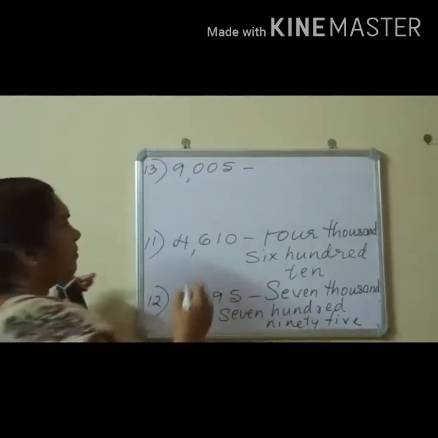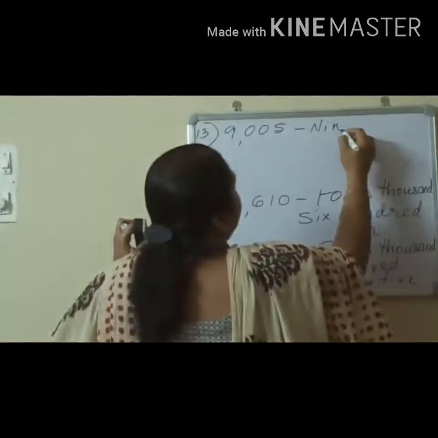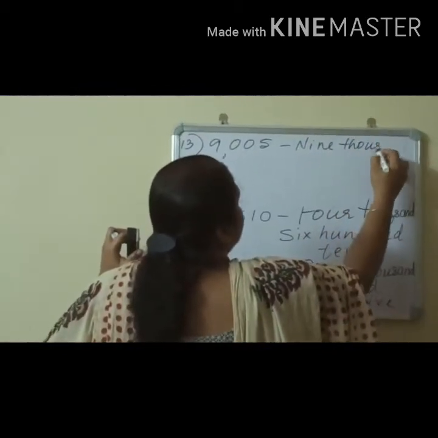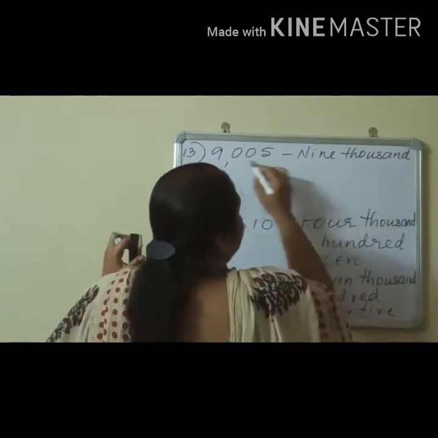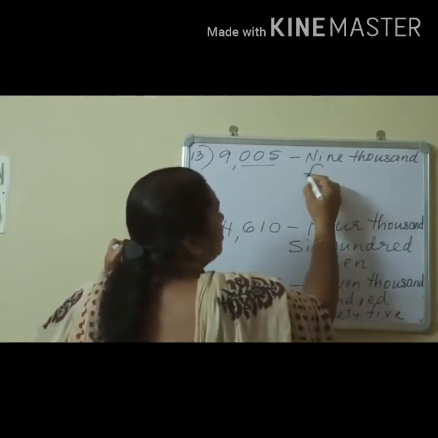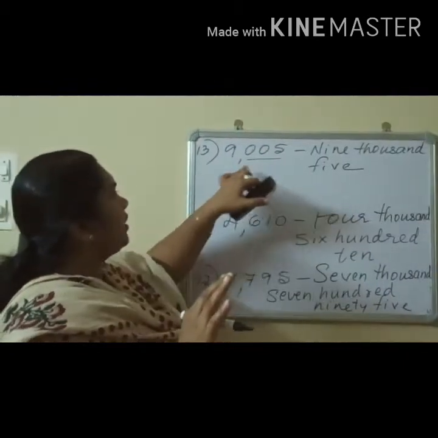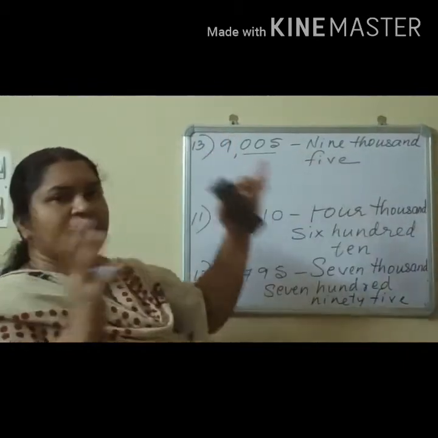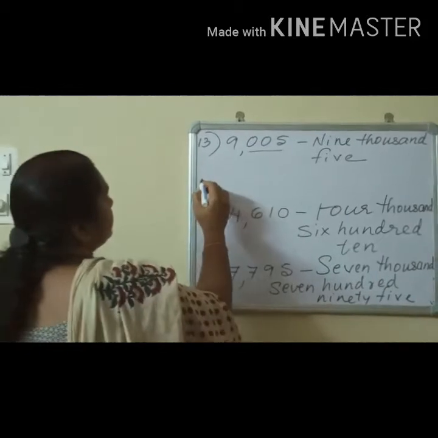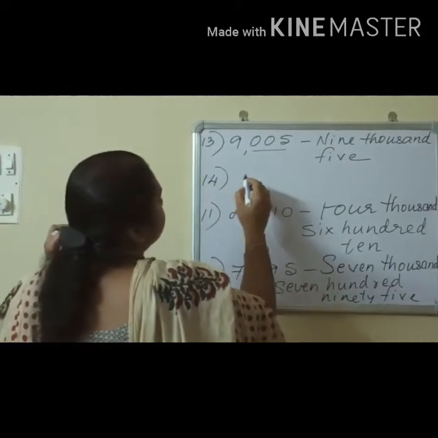Right. 9,000. Here nothing is there, so 5. Don't worry about whatever we have here, totally we have to read. Now number 14.